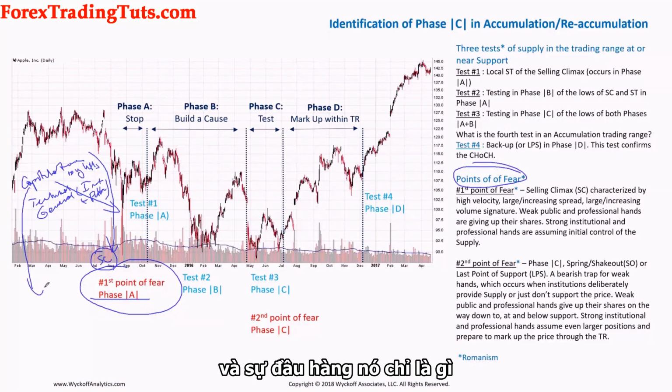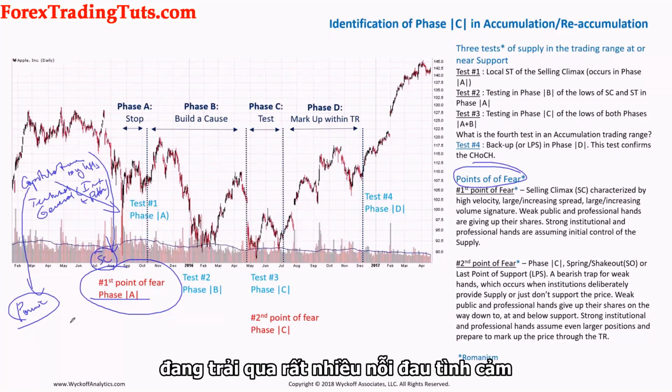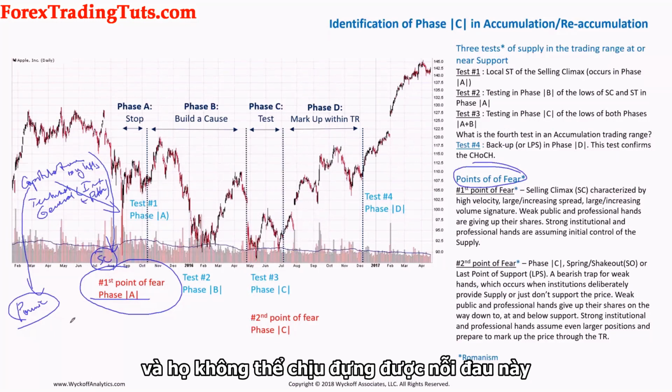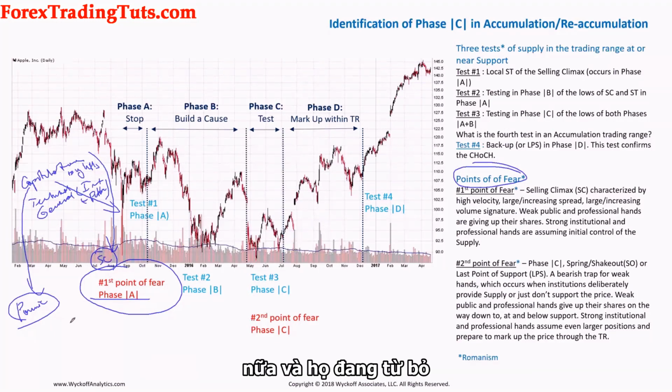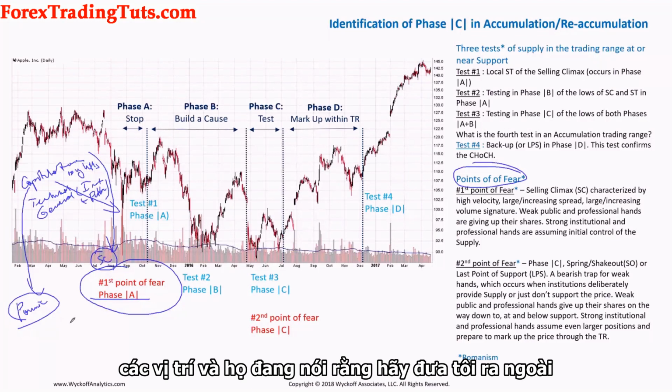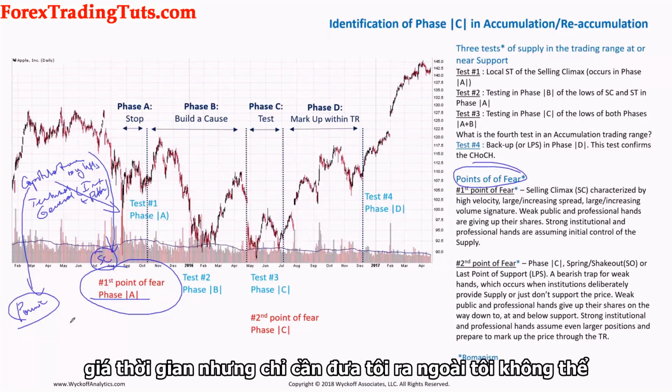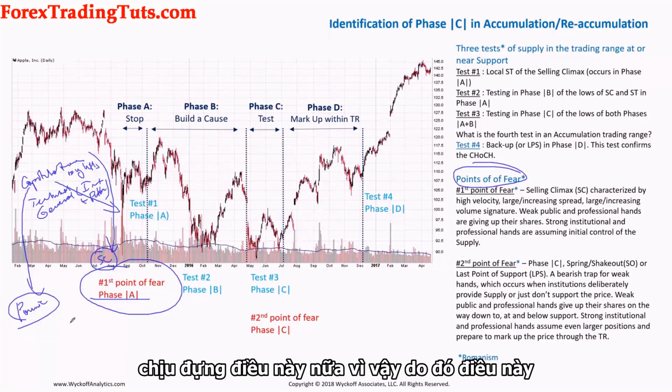And what is a capitulation? It's just basically panic. People at this point in time are experiencing a lot of emotional pain because of the losses, and they can't withstand this pain anymore, and they're giving up on their positions, and they're saying, get me out at any price, any time, just get me out. I cannot bear this anymore.